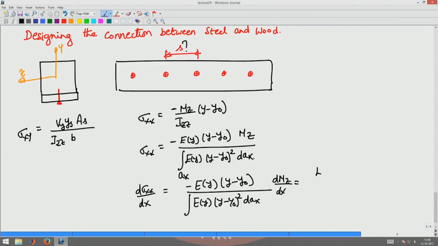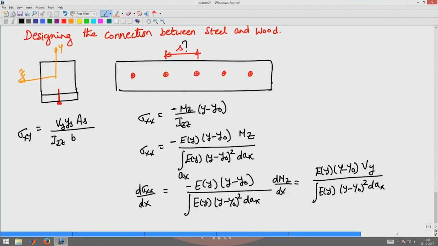This will mean that it is E of y times y minus y naught times Vy, divided by the integral of E of y times y minus y naught whole square dAx. Now that is d sigma xx by dx.